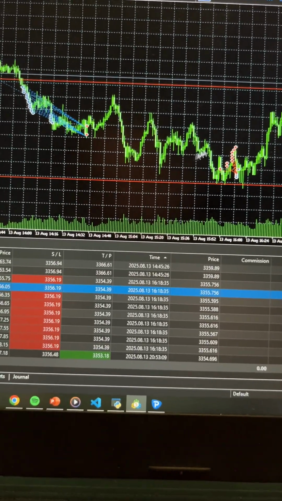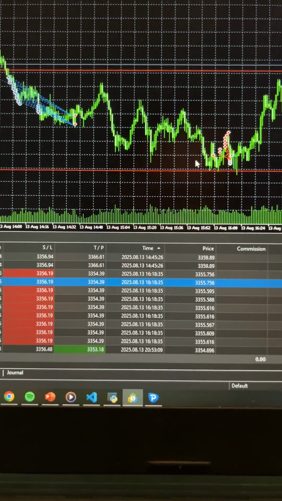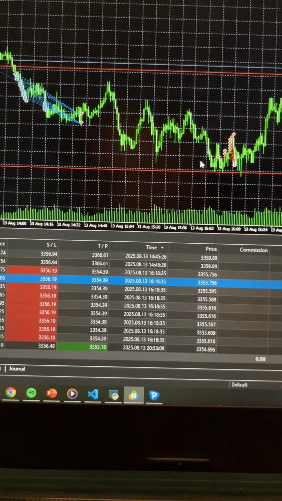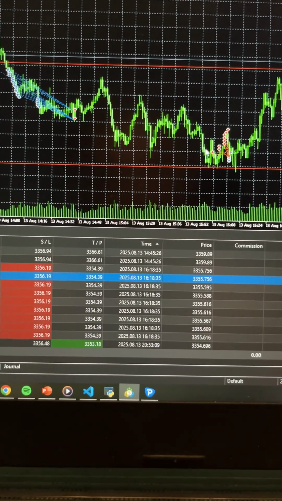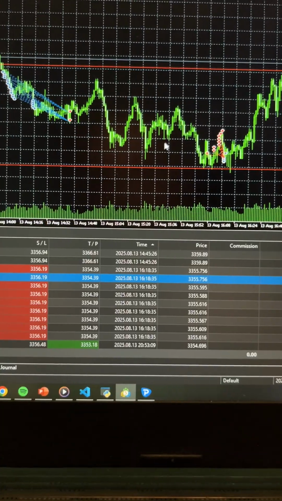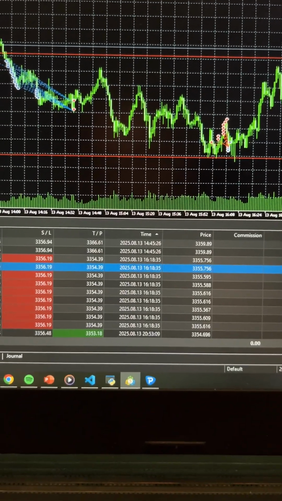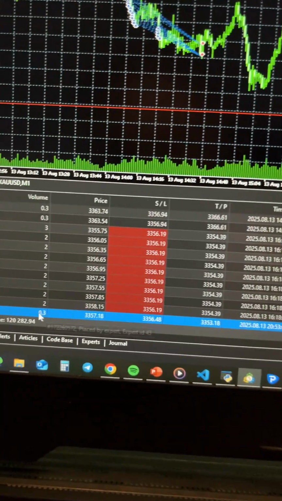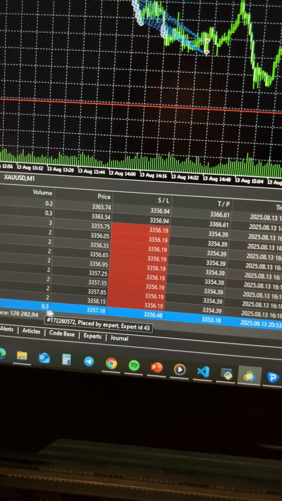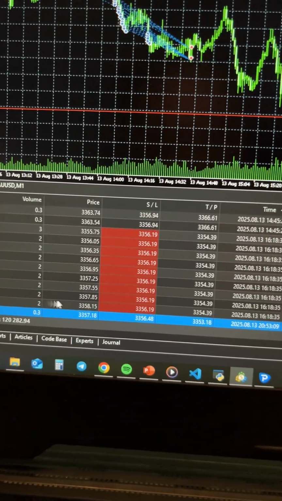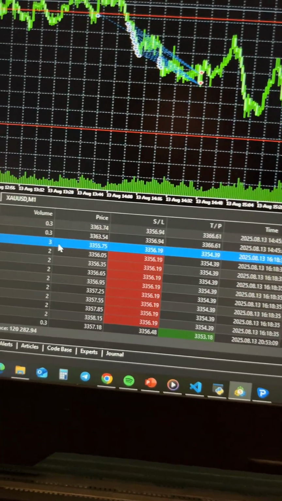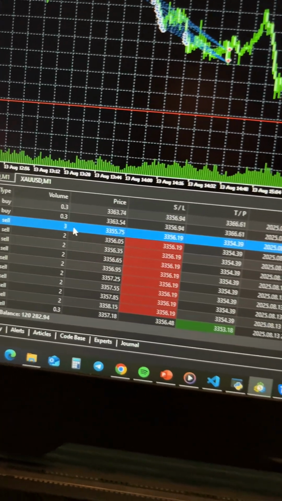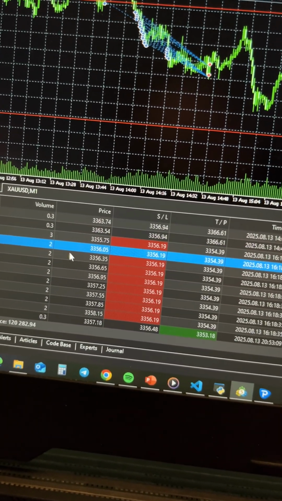On tier grid, you can customize your lot size for specific levels. For example, as you can see here, this is my initial entry, and this is my other one.